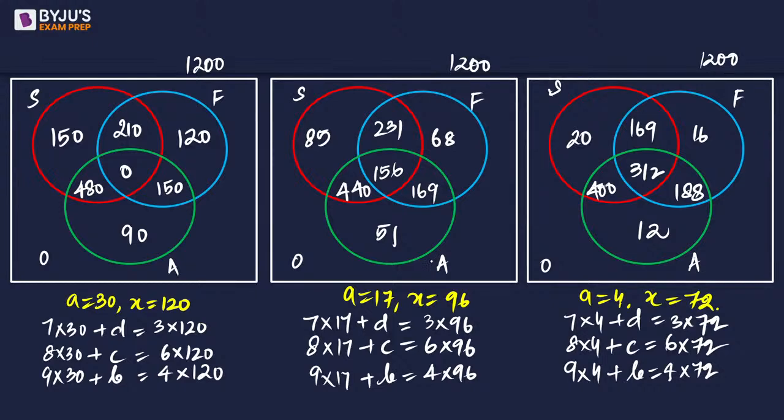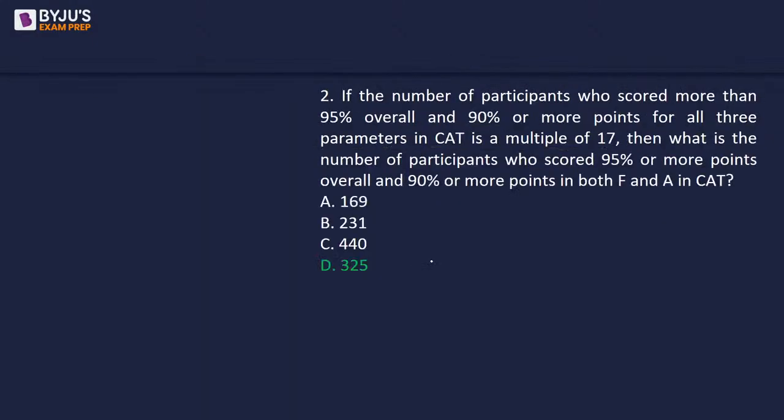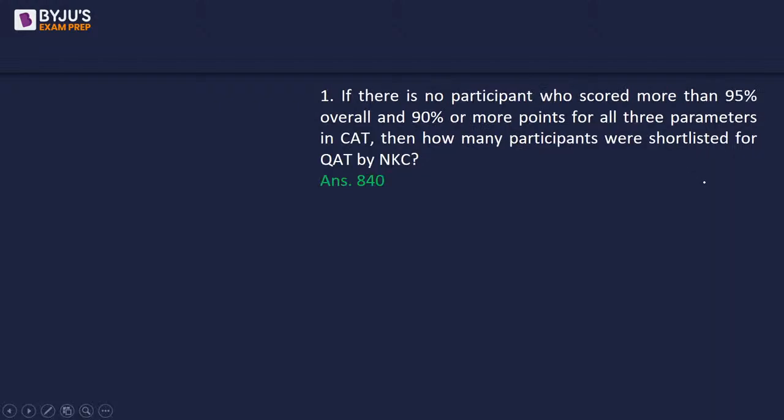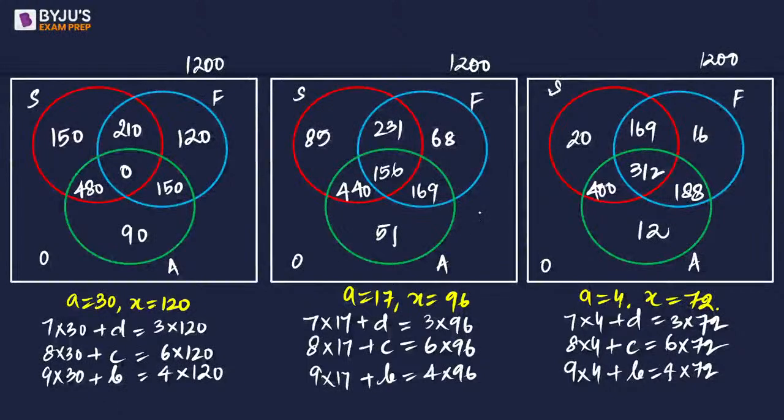Then the number of participants who scored 95% or more points overall and 90% or more points in both F and A in CAT is going to be this region, right?